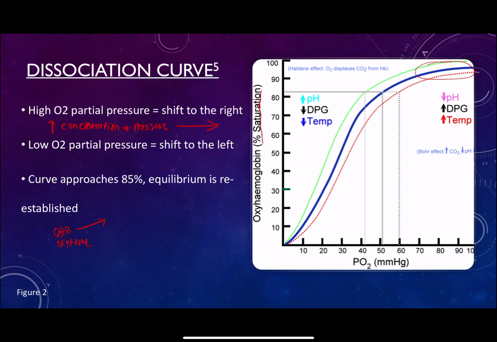Now, this release engenders a leftward equilibrium shift because of the decrease in reactant concentrations, which makes the system accommodate to replace the oxygen. In this real-world example, Le Chatelier's principle is applied to increase oxygenated hemoglobin and transport oxygen to lacking areas. Referencing back to the graph, it can be concluded that approaching 85%, equilibrium is re-established as the partial pressure no longer impacts the shape of the curve.